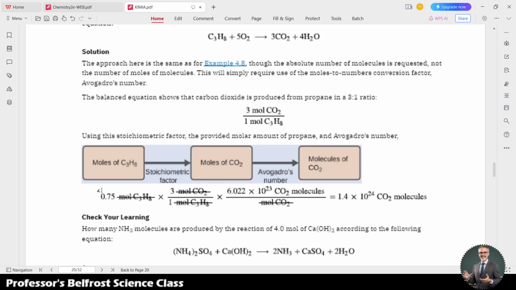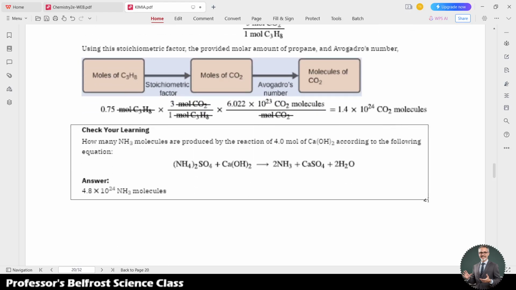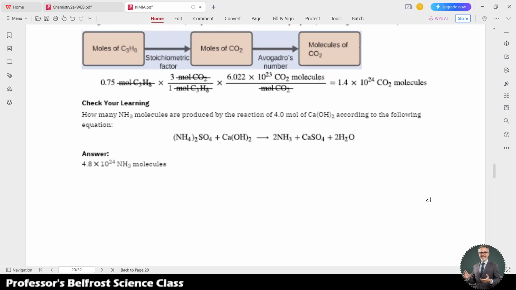This is the result from this one. So we first know the moles of carbon dioxide, and later we identify the number of molecules by multiplying with the Avogadro number, which is 6.022 times 10 to the power 23, and it gives us approximately 1.4 times 10 to the 24 carbon dioxide molecules. And to check your understanding, you need to solve this.